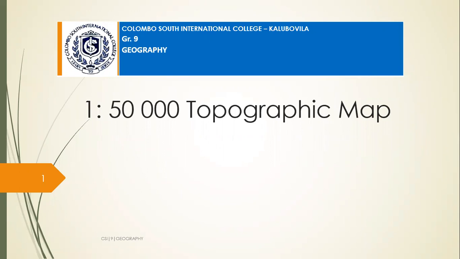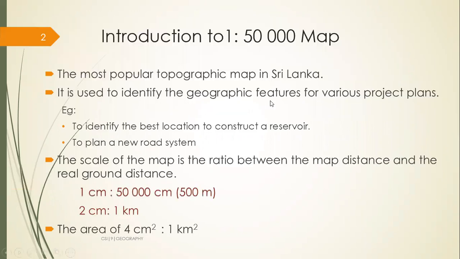Now we will identify the features of the 1 to 50,000 topographic map and how to calculate distance and area in it. The 1 to 50,000 topographic map is the most popular topographic map in Sri Lanka.